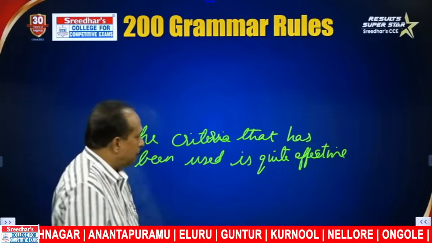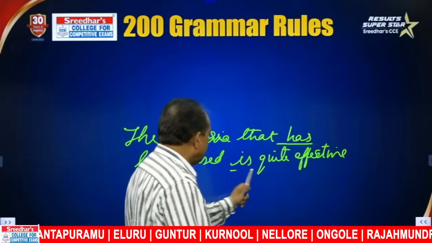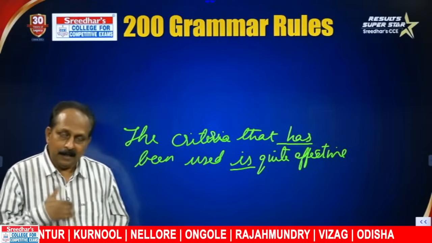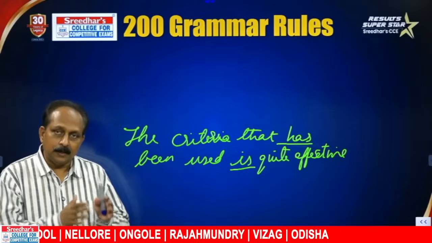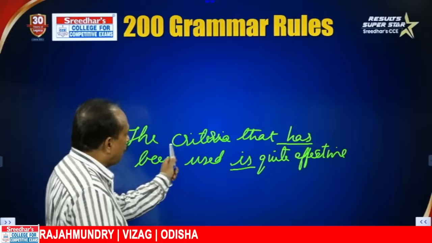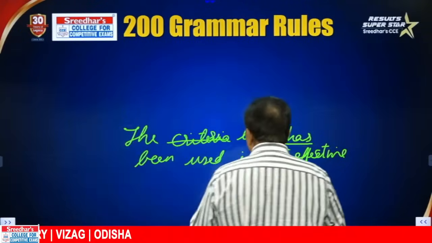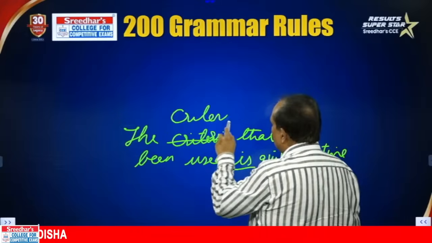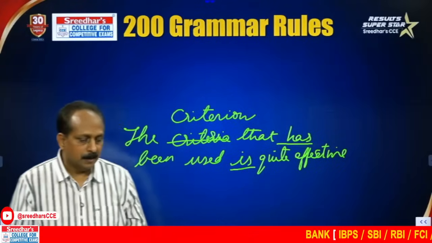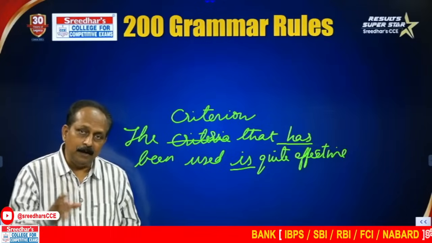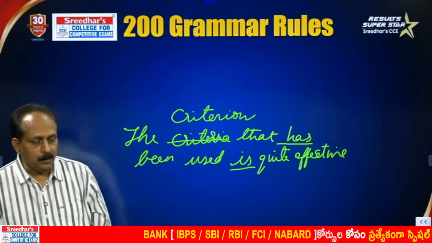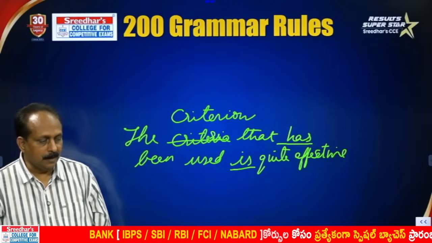It is wrong because here we have two singular verbs. Has is singular, is singular. When you have two singular verbs, it is understood the subject is singular. The subject has to be in singular form. What is the subject here? Criteria. That is a plural form. We have to use a singular form. What is a singular form? Criterion. So what is the correct sentence? The criterion that has been used is quite effective. Very good. We have to use criterion. Then it is correct.